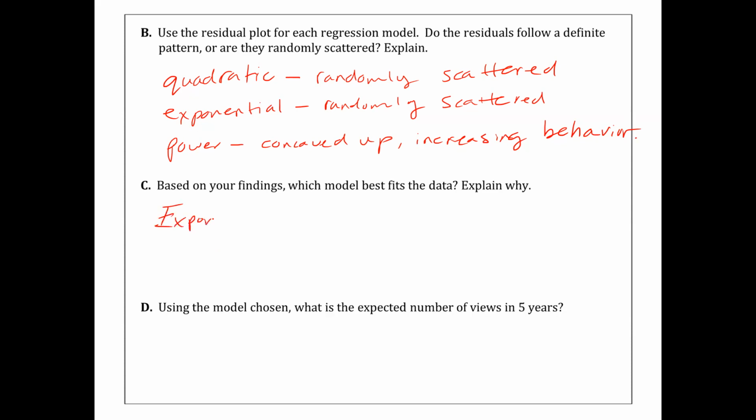So we know that the exponential model is the best model. And that's because the R squared value approximately was 9,805 10 thousandths.